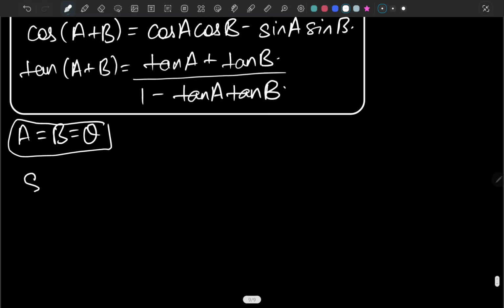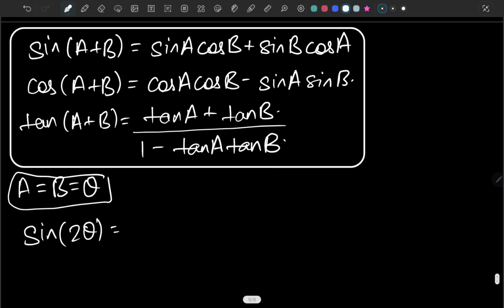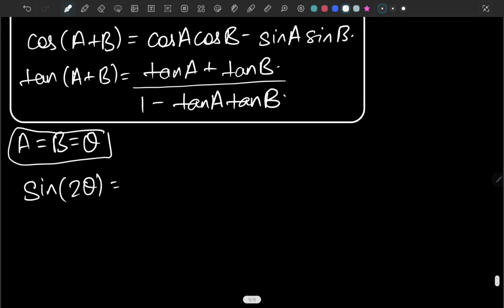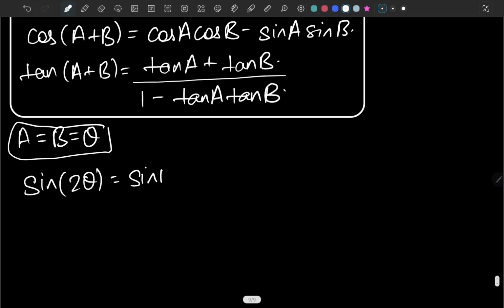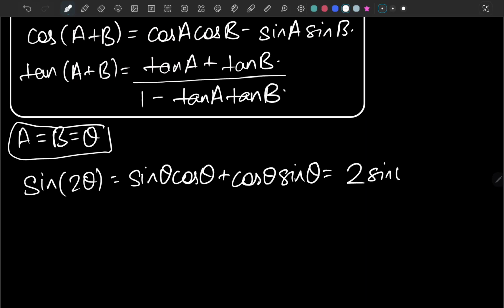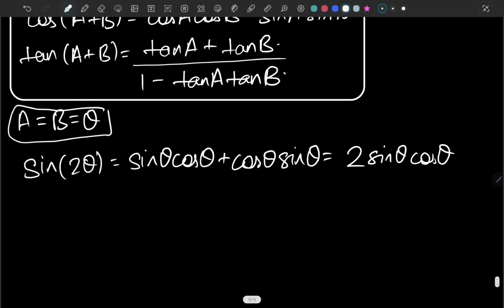So we have sine of theta plus theta, that's gonna be 2 theta, right? So it's sine of 2 theta equals, we have to replace a and b with theta, so it's sine theta cosine theta plus cosine theta sine theta. So that's gonna be 2 sine theta cosine theta. Very useful, very much useful identity.